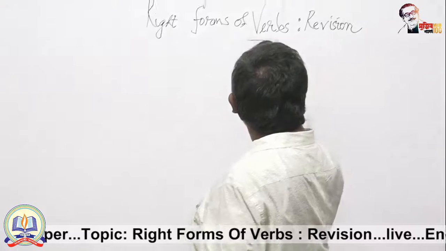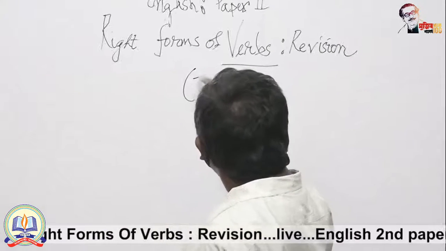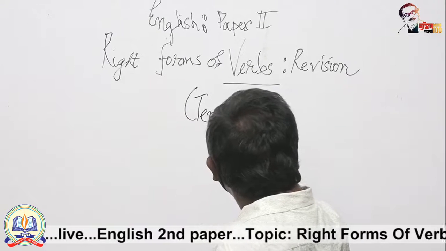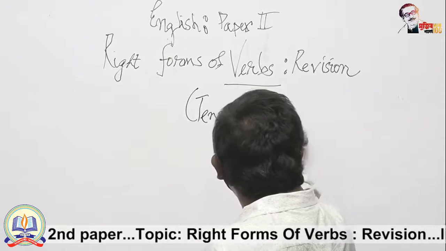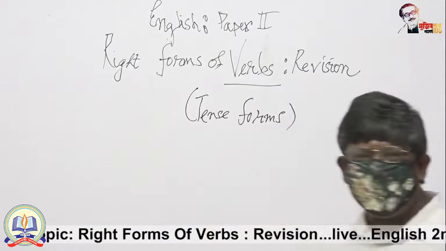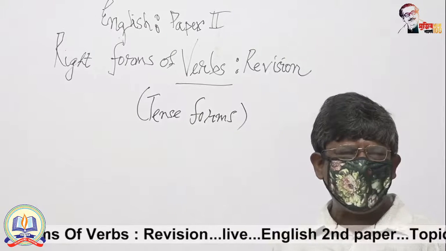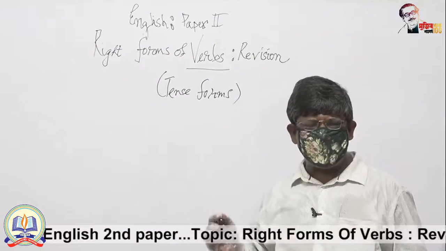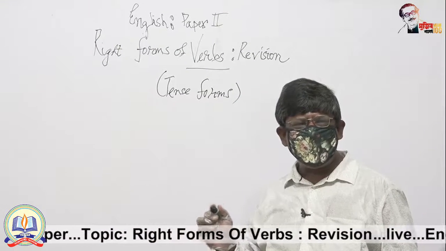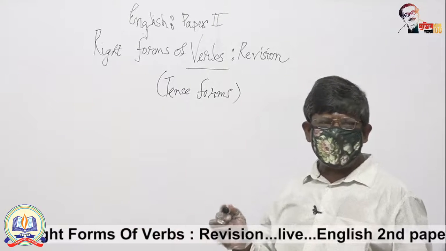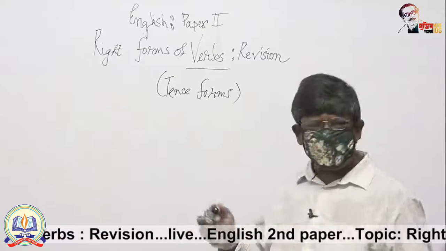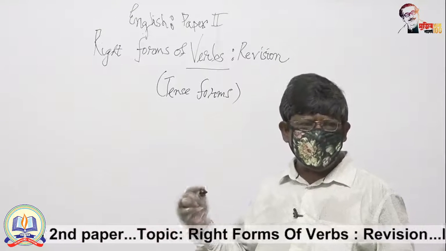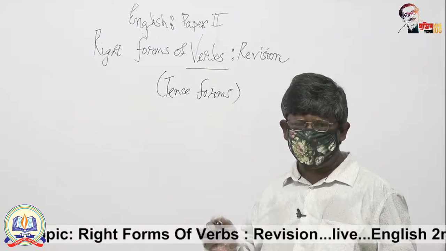Right forms of verbs means actually right forms of tense forms. You are already acquainted with the idea that in the question paper you are given a number of sentences, and in those sentences there are a number of verbs within brackets, and you are asked to determine and write the correct form of that verb, more precisely the correct tense forms of the verbs.